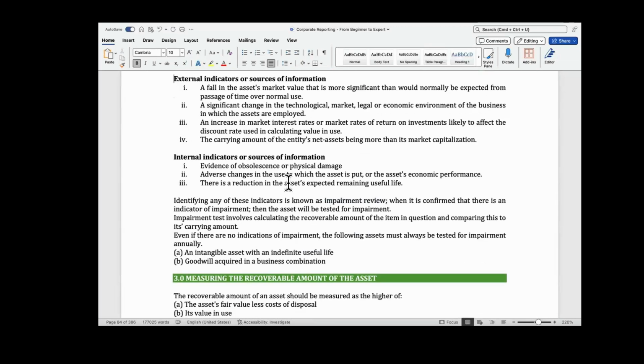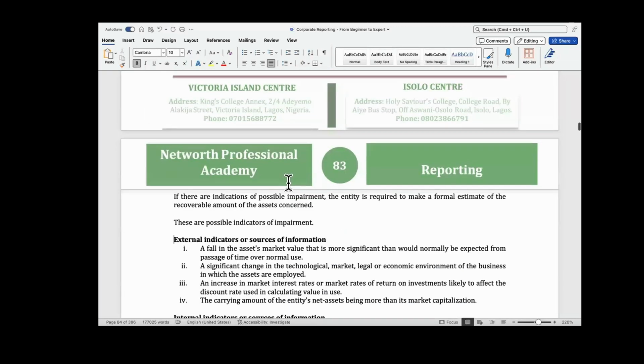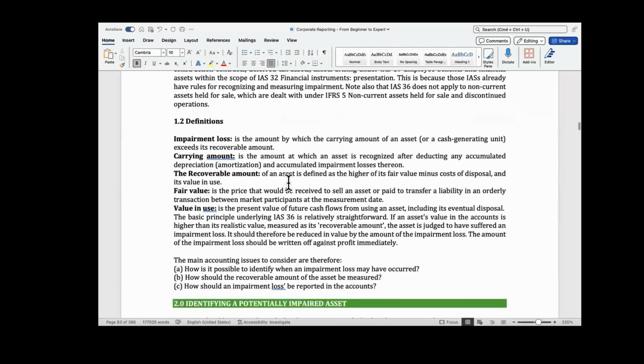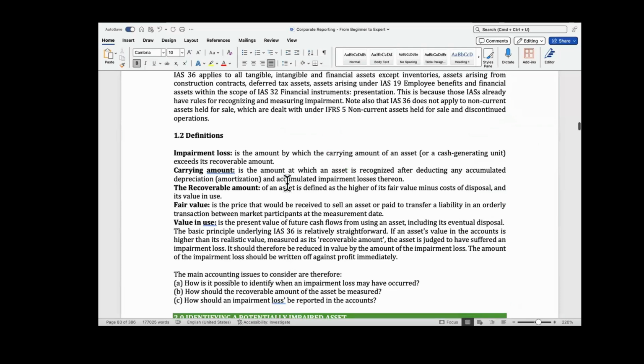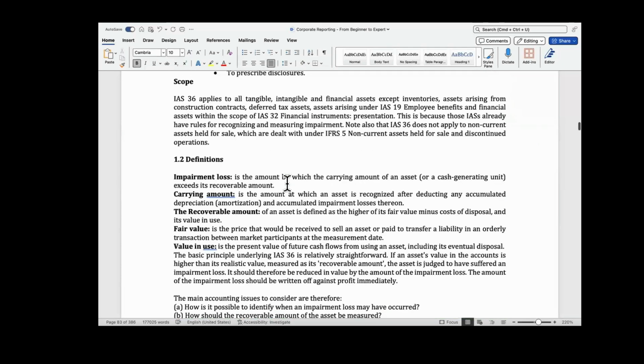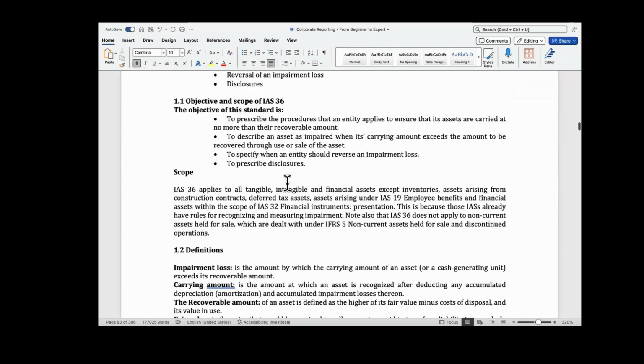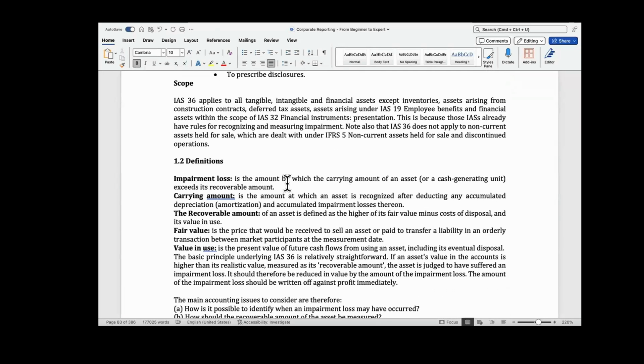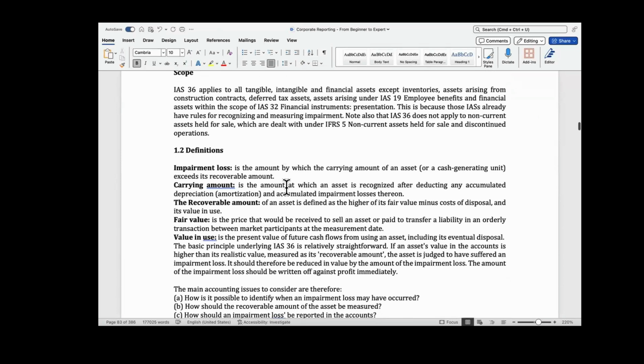Now, we have talked about indicators of impairment. So the key question should then be, when is an asset said to be impaired? The first thing I will tell you about that is that when we talk about impairment, it usually means a permanent loss in the value of an asset.